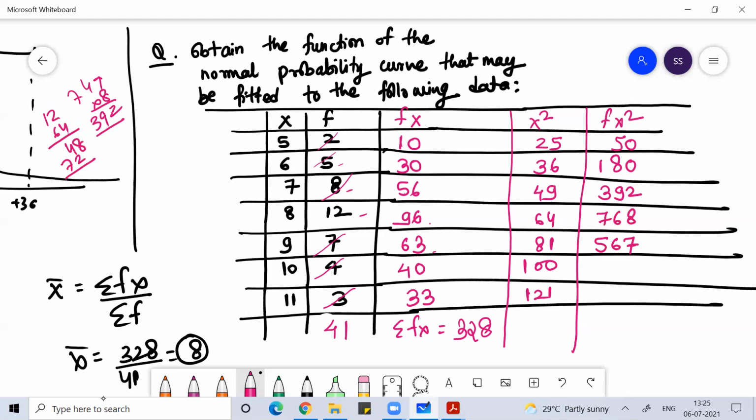Then 100 fours are 400. Then 121 threes are 363. Sum of fx square.